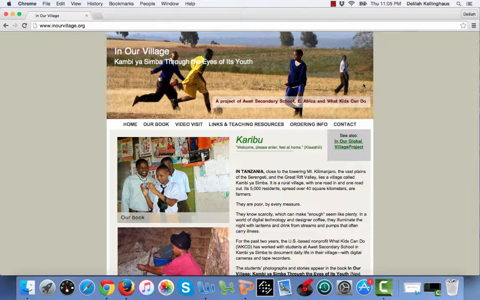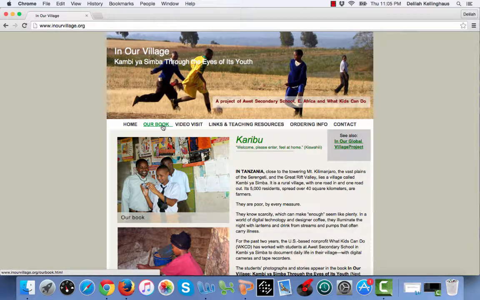The opportunity is boundless. Students can write about their communities, they can write about the homes they came from, they can write about, and not only write, they can talk about, they can create pictures because the book has pictures. And so the In Our Village comes with a full resource, it comes with a full unit.